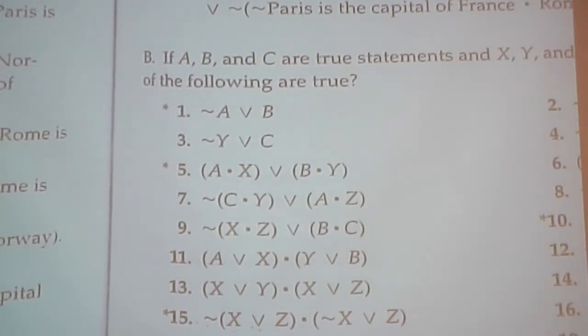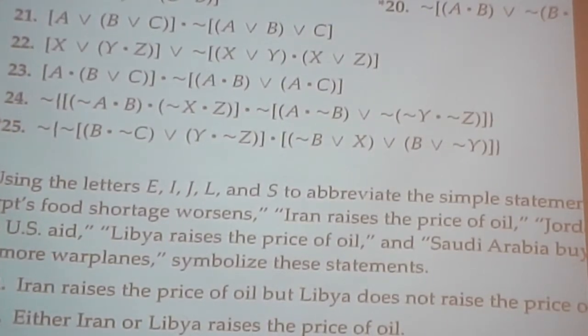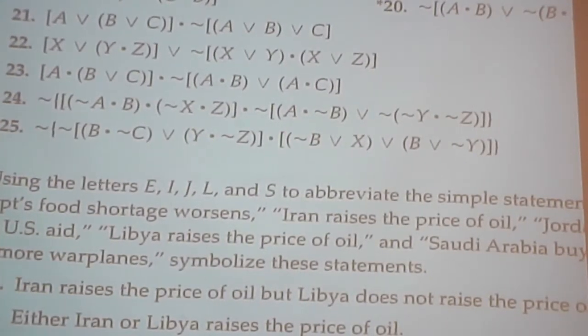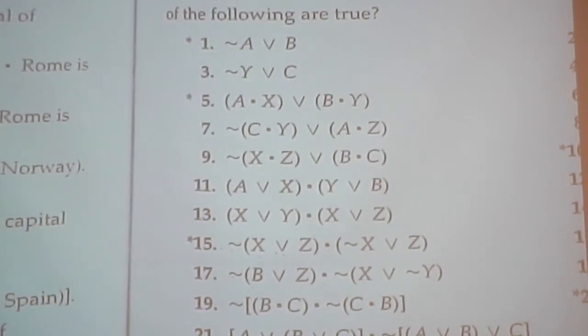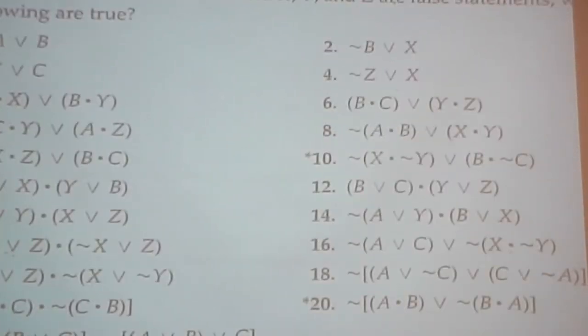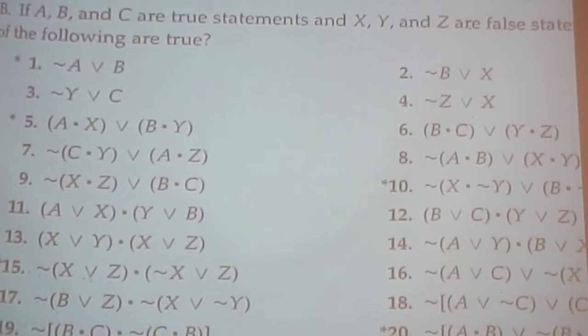You'll notice that these get progressively more complex. They start out pretty short, pretty easy, and by the time you get down to number 25, that's a pretty complex compound statement. And a lot of these are so repetitive, so similar, that we can skip them. For example, 1, 3, 2, and 4, the only thing different about them is the uppercase letters.